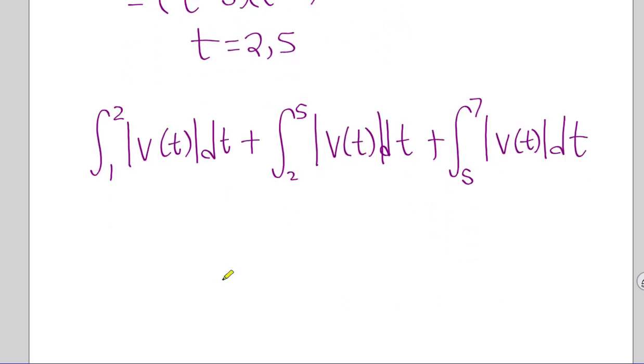So for this one, plugging in 1 and 2, I'm going to get negative 8/3 when I plug in 2, plus 14, minus 20, okay?